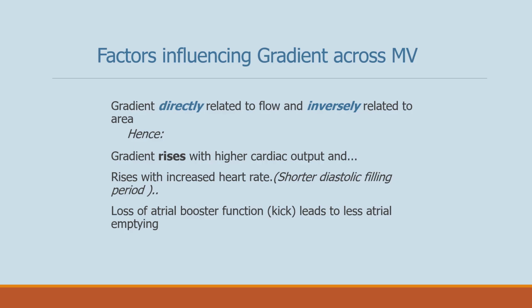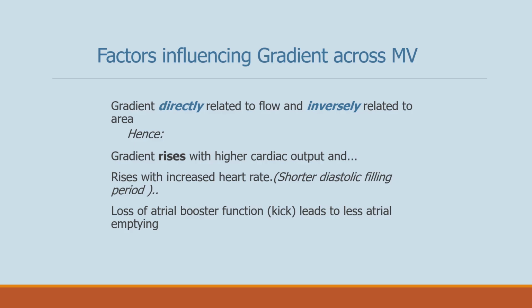Another factor that we don't elaborate on a lot in aortic stenosis: in mitral stenosis, this happens in diastole. The flow of blood happens in diastole. Now, the diastolic interval varies depending on the heart rate.